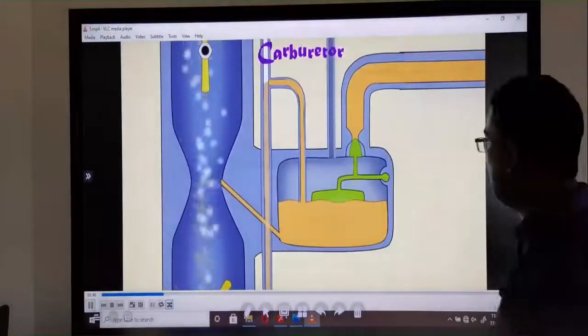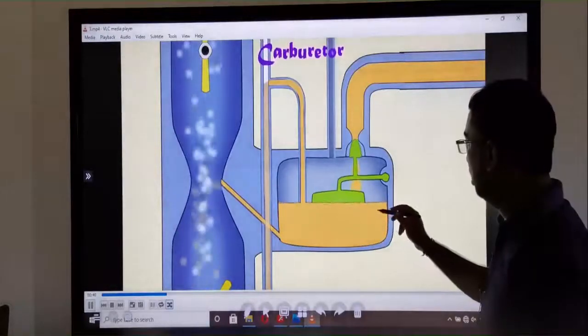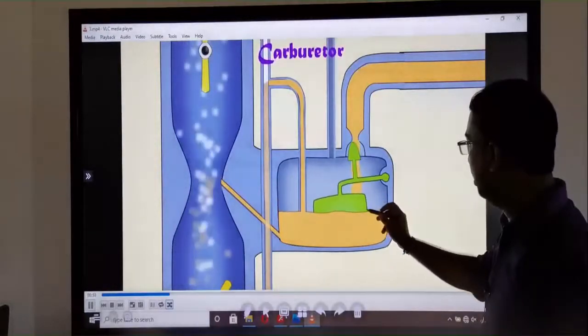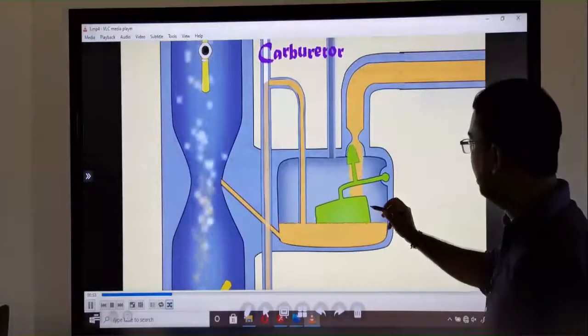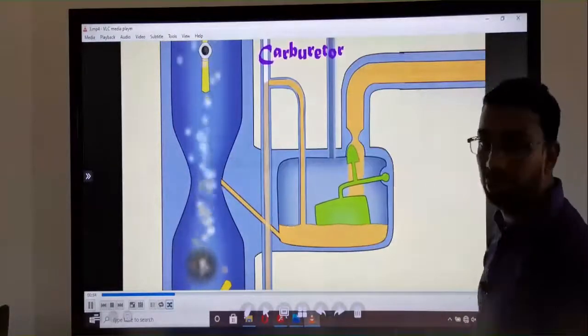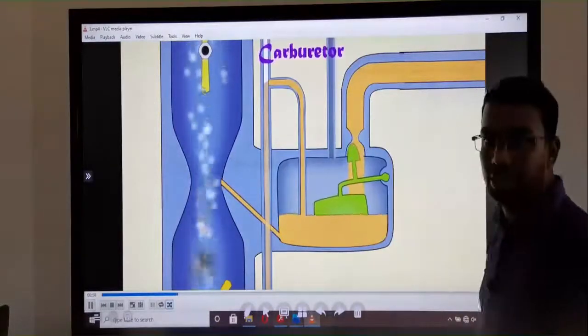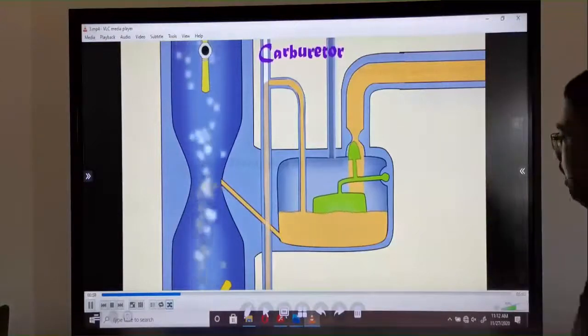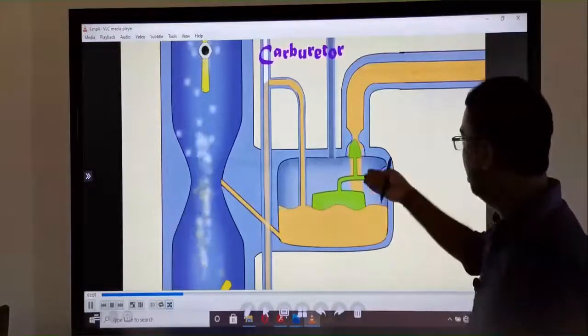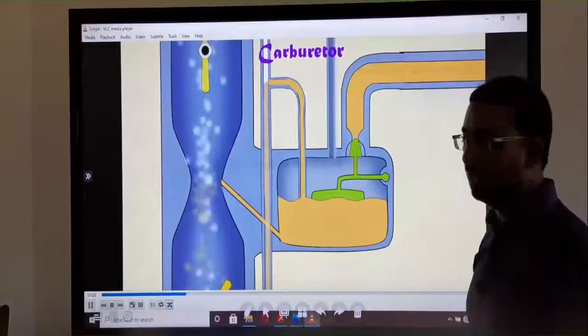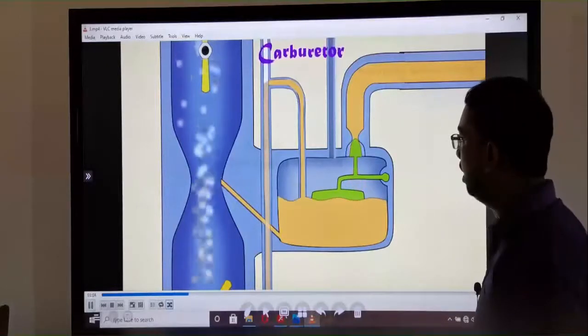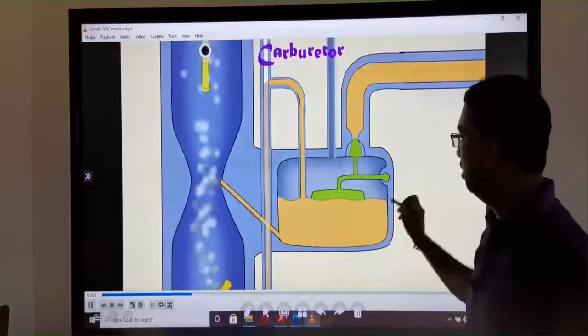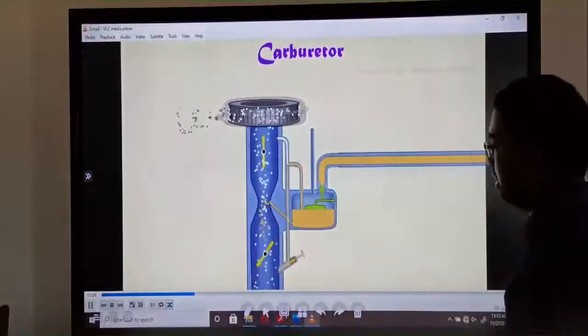You can see the fuel, when the level is decreased, this valve is open, so the fuel comes to this chamber. When the fuel level is high, this is closed by this valve. This is the work of this float arrangement.